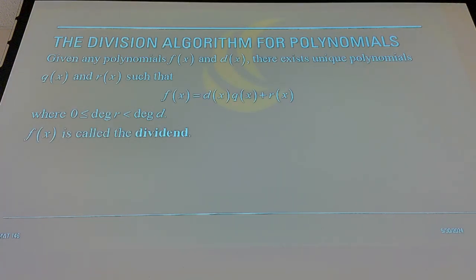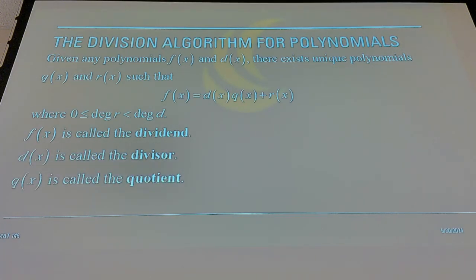F of x is your dividend. D of x is your divisor. Q of x is your quotient. R of x is your remainder.